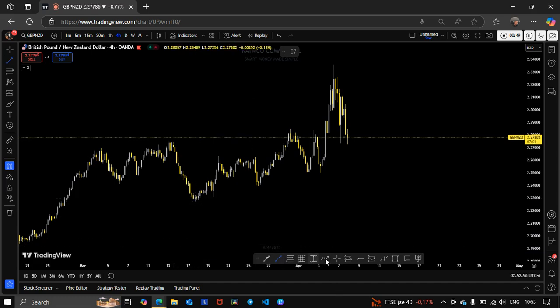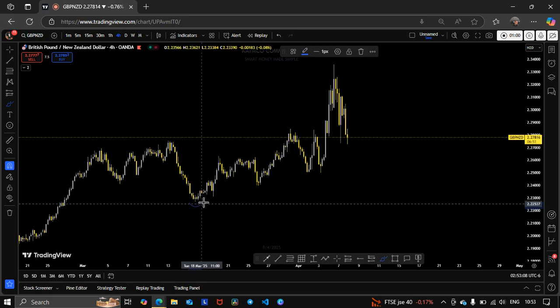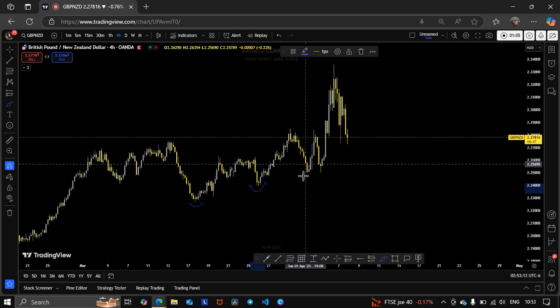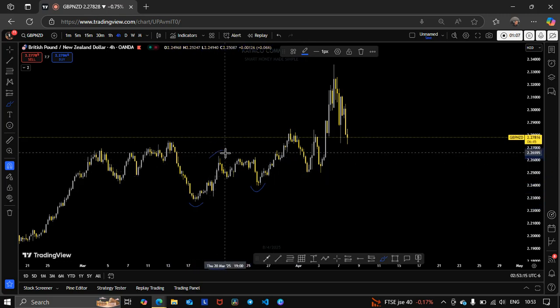If you're looking at this GPNZD, we had a series of this was a low. My bad, I'm trying to use this brush tool. So you had a low, a lower high, no sorry, a higher low, you had a higher high.